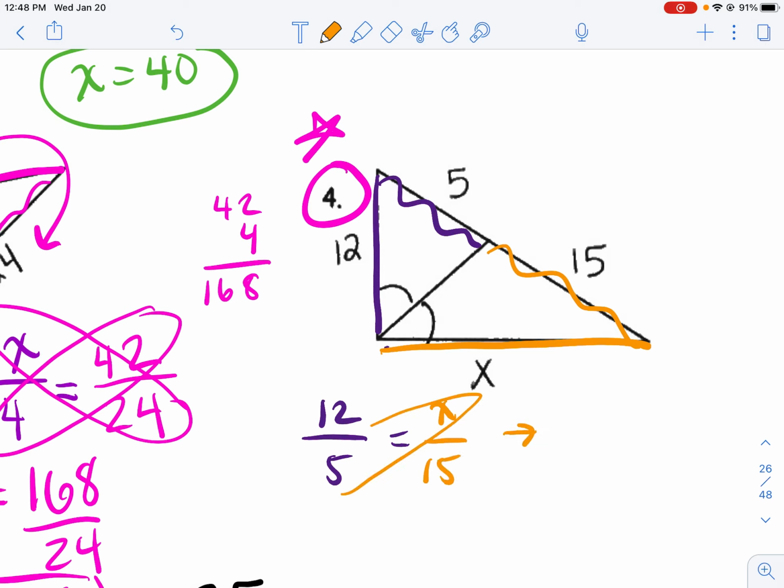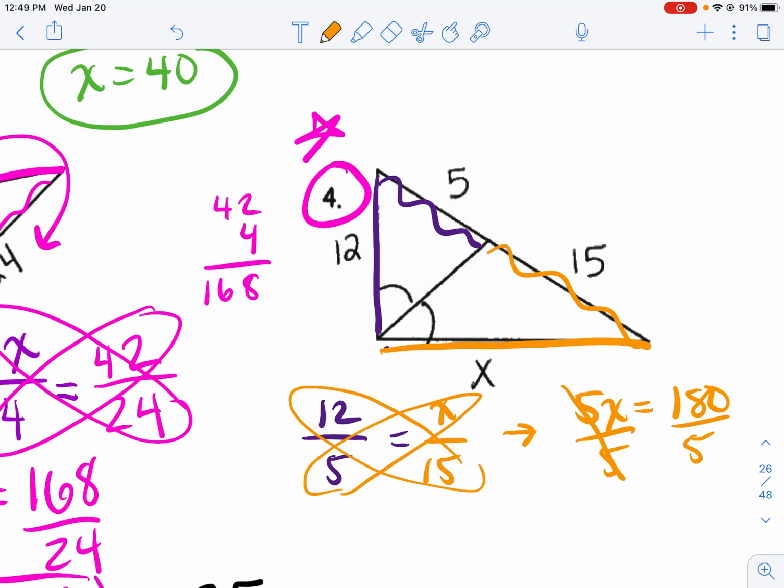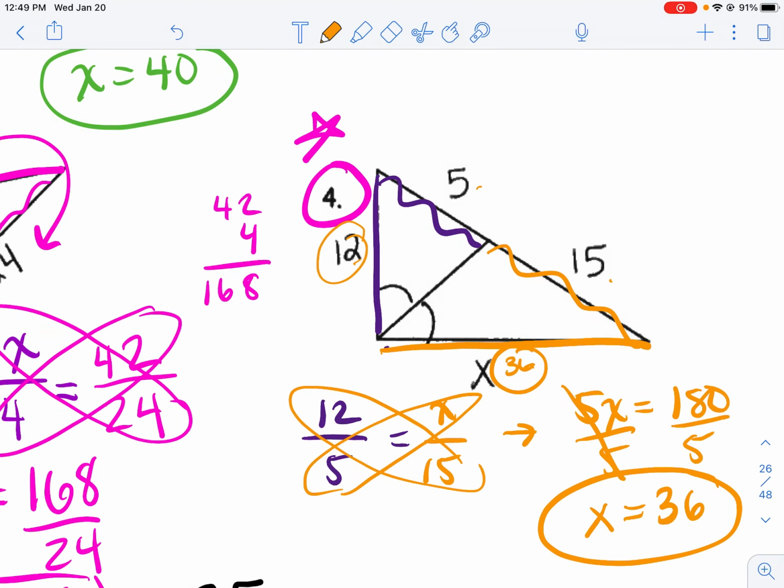So that's going to give us, when we cross multiply, 5x equals 180. Divide by 5. So x equals 36. Again, that answer seems to make sense, right? That's bigger. That makes sense.